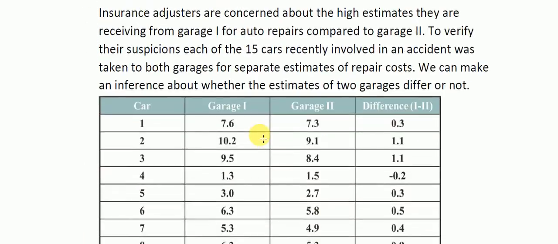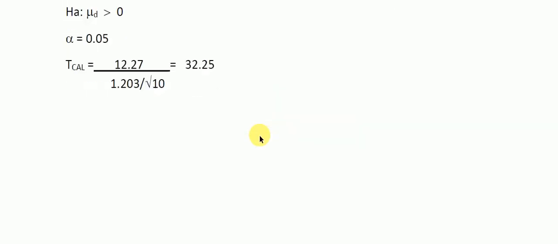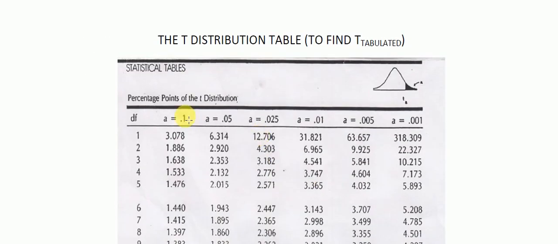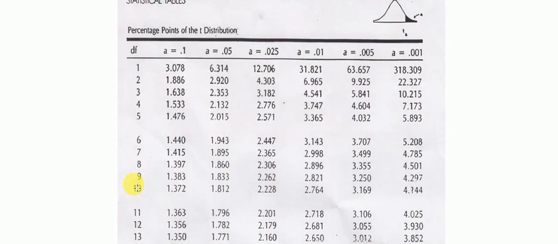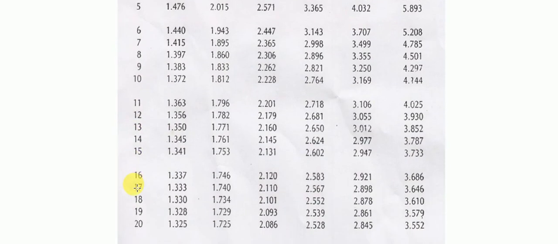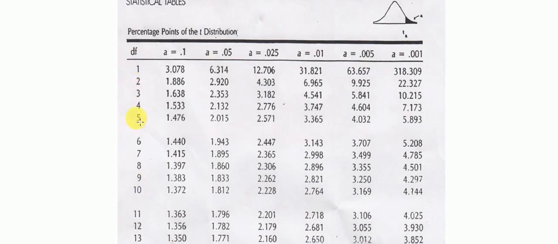If we have to calculate T alpha by 2, what we'll do is we'll go to our T table and we'll find out the value, whichever value we are having for the degrees of freedom, we'll locate it over here.